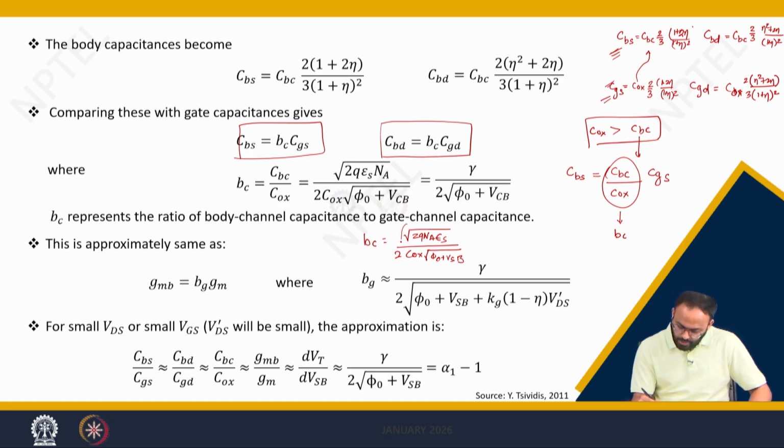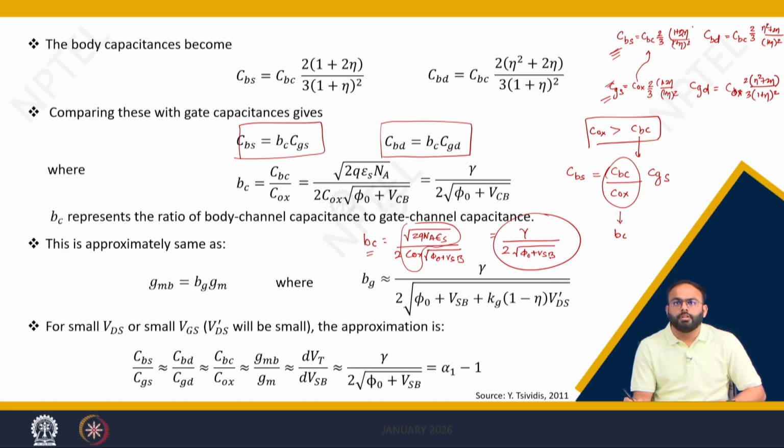What is this parameter? Square root of 2 into Q into Na epsilon divided by COX is the body factor. So ultimately this can be replaced by gamma divided by 2 into square root of phi naught plus VSB, right? So I can simply write BC is nothing but gamma divided by 2 into square root of phi naught plus VSB. This is similar to BG, which we defined in our previous lecture.